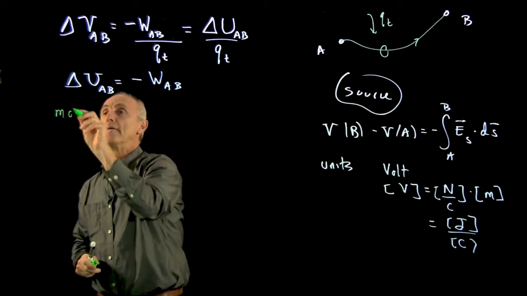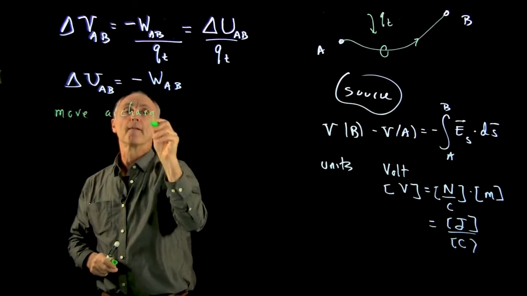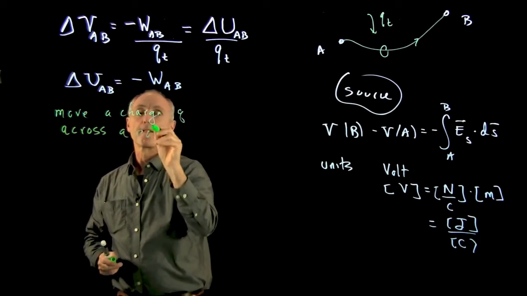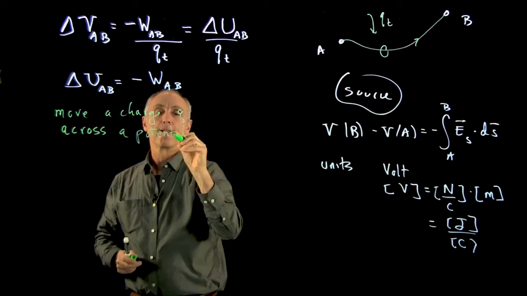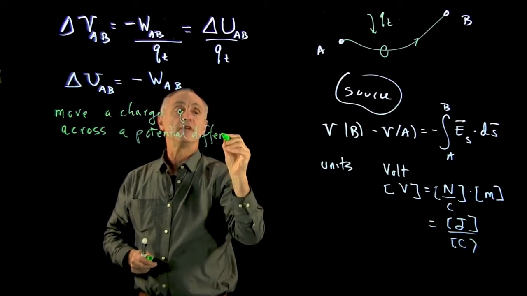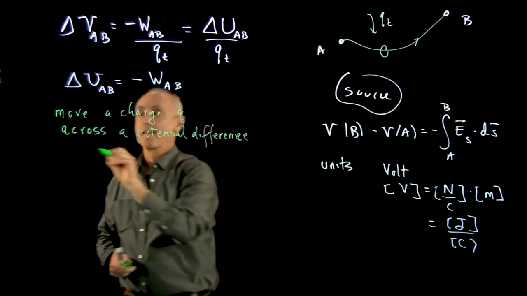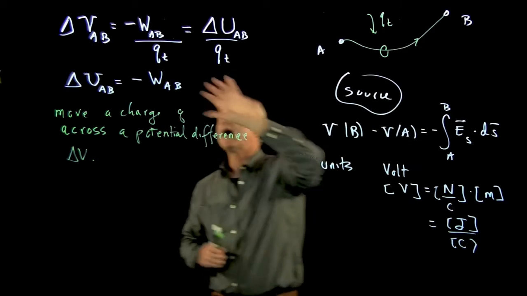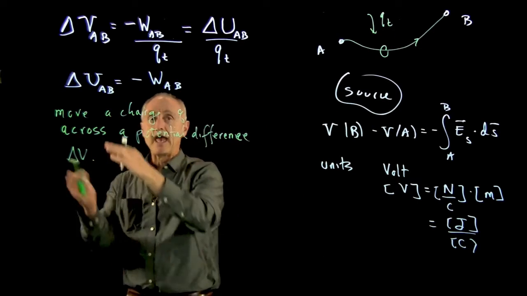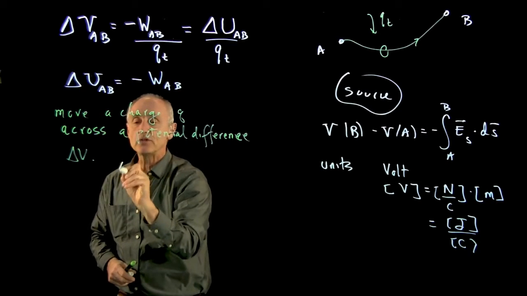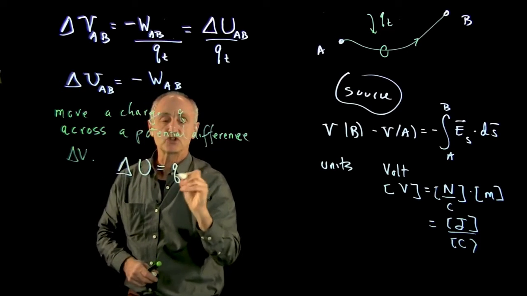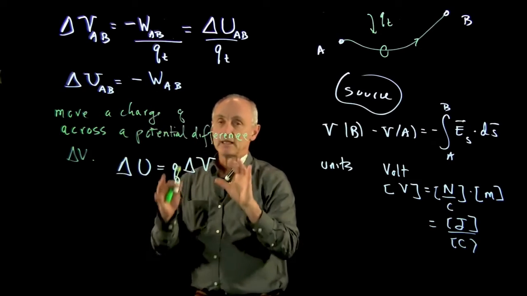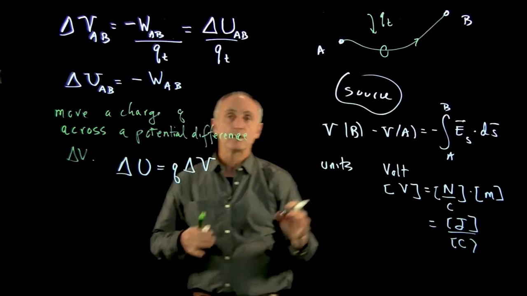If we move a charge Q, and sometimes we can say across a potential difference, delta V, then, so now instead of thinking about this test charge, if we have a potential difference between 2 points in space and we move a charge Q across that, then we know the change in potential energy is just Q times the potential difference delta V. And this idea is, again, the analogous before.